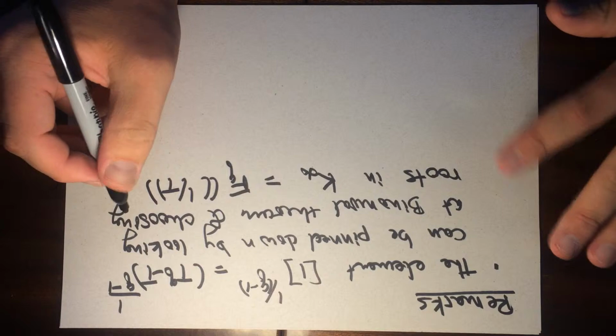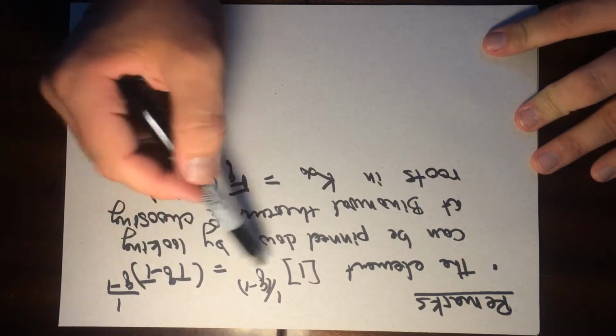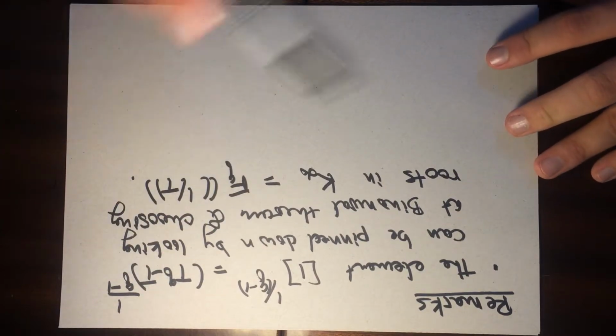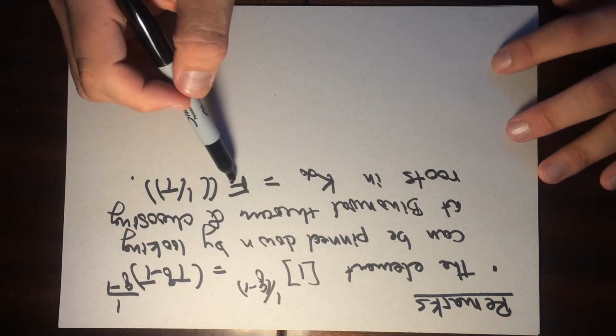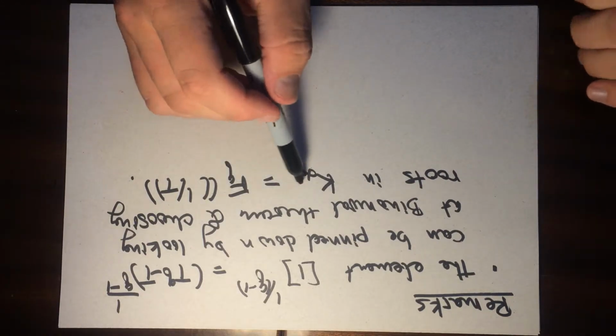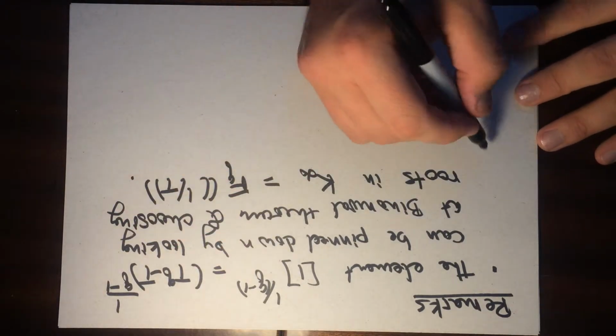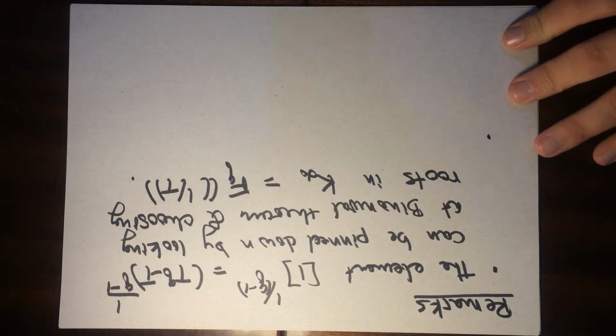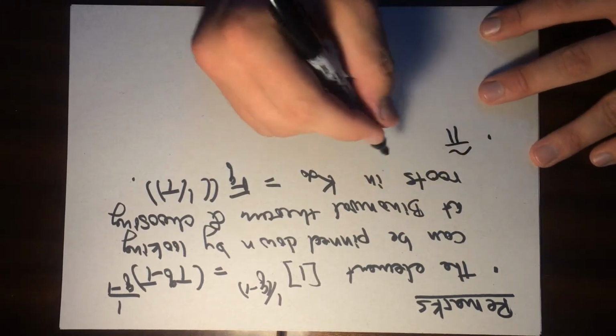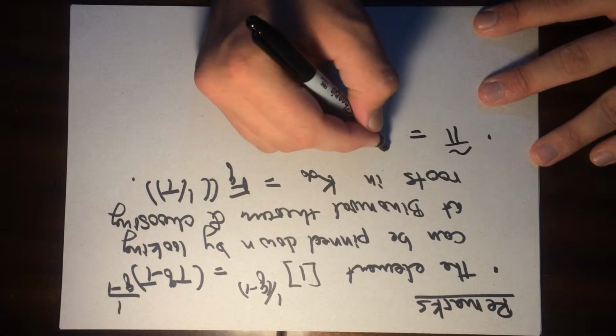So you can pick some roots: if you factor some things out, you can pick roots so that you pin down the actual element here. And the other thing that I wanted to say is that this thing is called the Carlitz period.